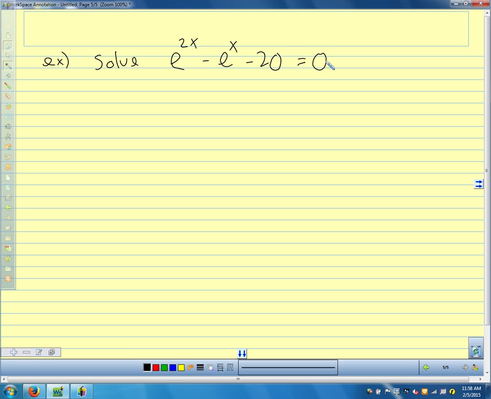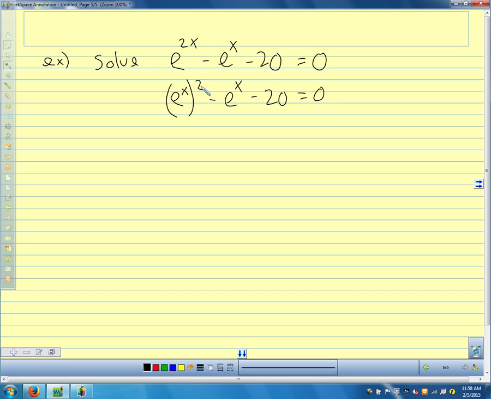So if we add 20, we're kind of stuck because we have an e to the 2x and an e to the x. So we want to factor. Let me rewrite this a little bit. This is e to the x squared minus e to the x minus 20 equals 0.